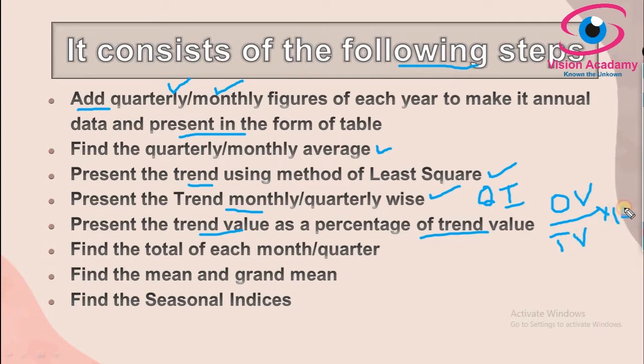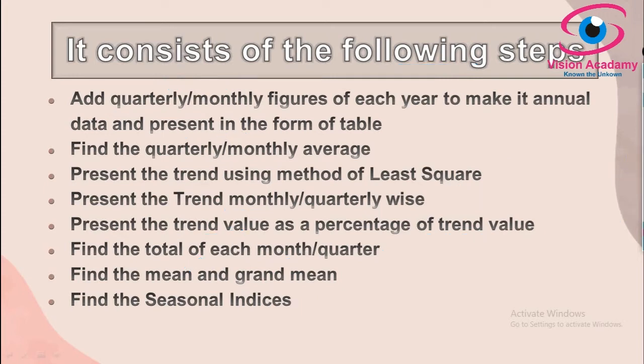Using this formula you will find all the quarter values. After this you need to find the total of each quarter. Thereafter you can find the mean, then the grand mean, and at the end you will find seasonal indices. These are very brief steps, so I will explain them in detail along with the problem calculation.